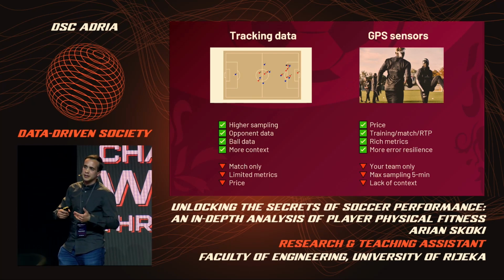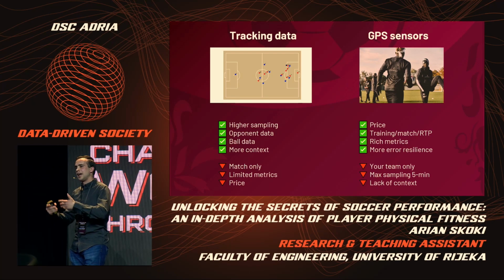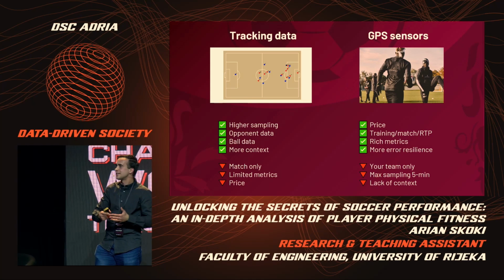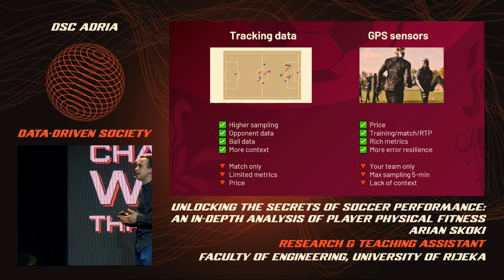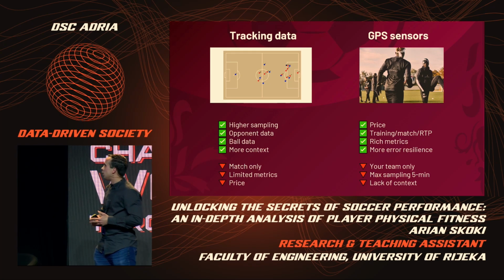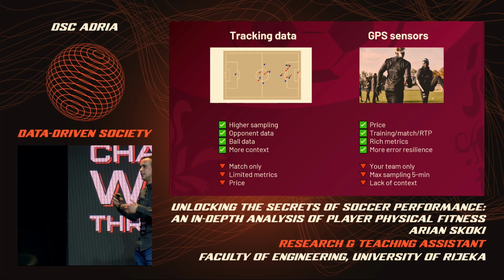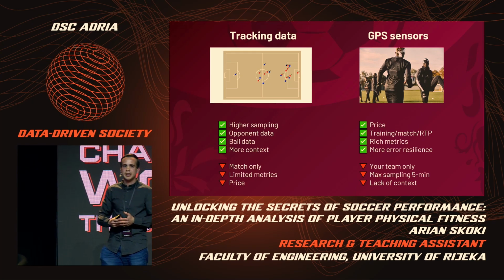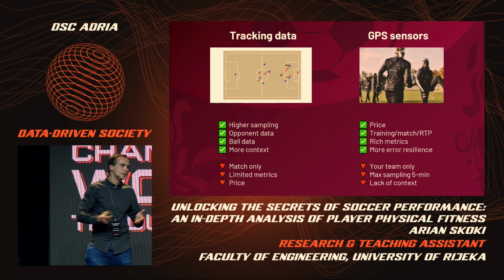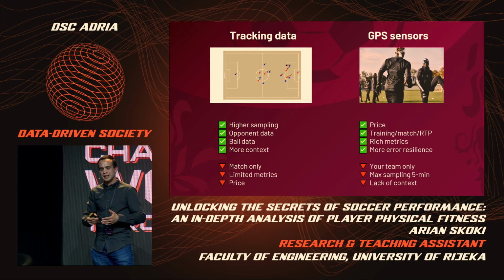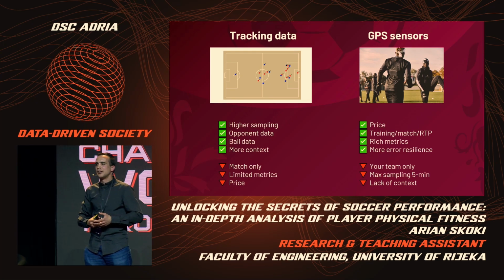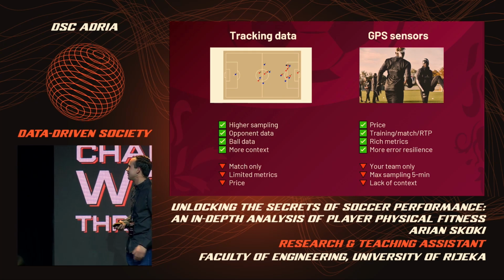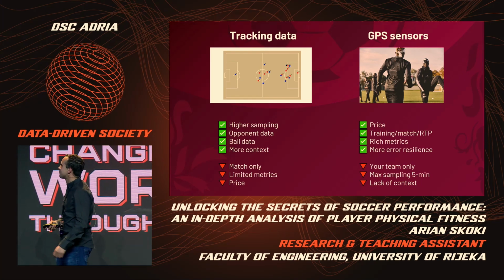So the error rate on the calculated metrics is lower than in the tracking data, but tracking data is also a good estimate of the player's running performance. Also, with GPS we have additional metrics, but you have to be careful with them because there are so many, and you can really get lost in the forest of all the different data that you have.